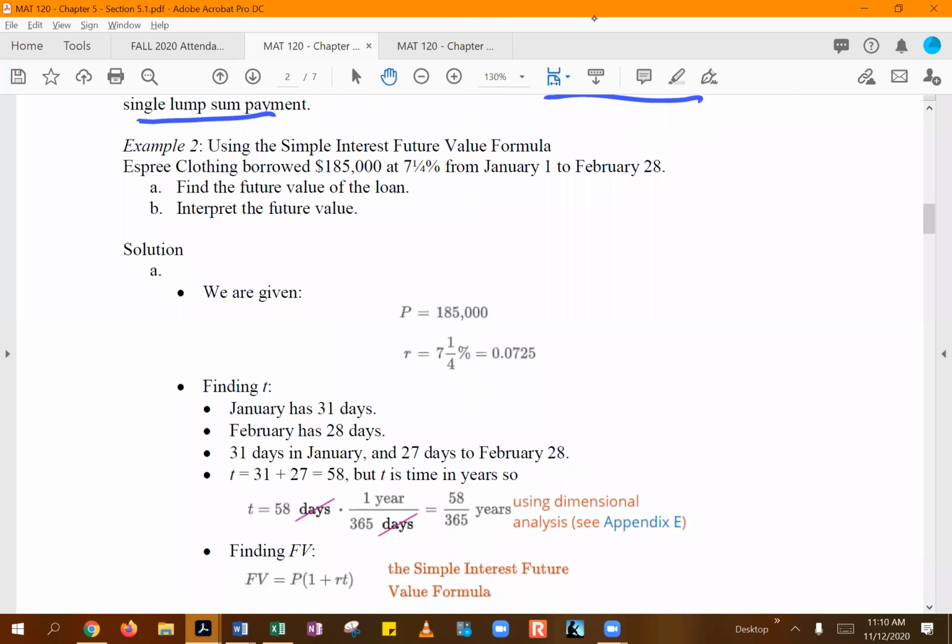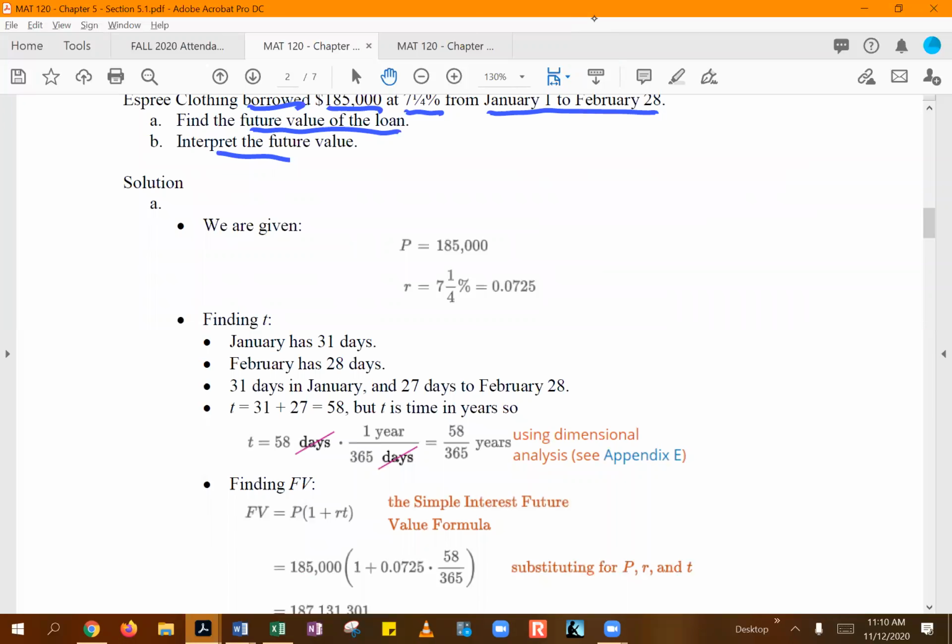As an example, we're looking at Esprit Clothing, which borrowed $185,000 at 7.25% interest. And you can see that's a really short-term loan because it goes from January 1st to February 8th. They want to know what the future value of the loan would be, and how to interpret that future value. So we have the dollar amount we borrowed. We have our rate of interest, which we convert into a decimal again.